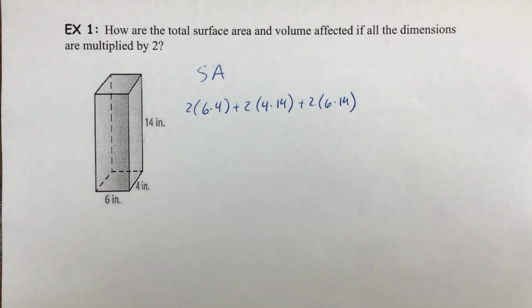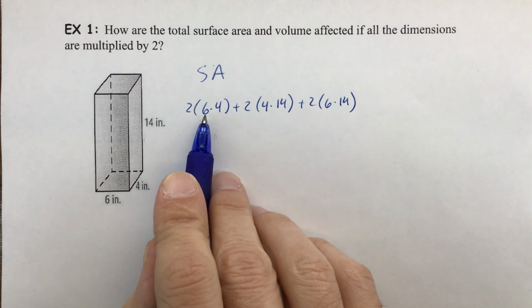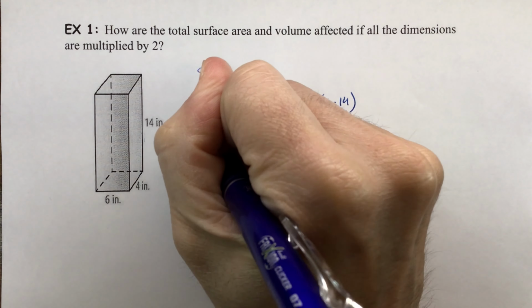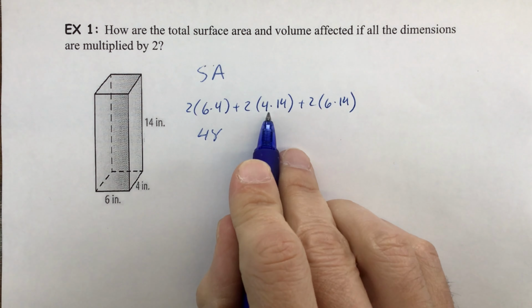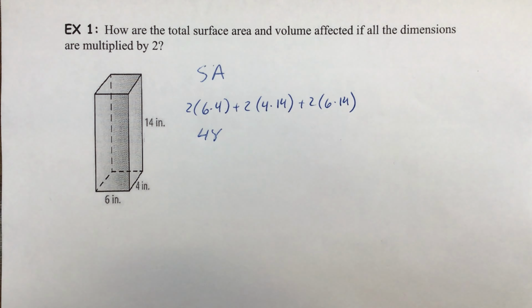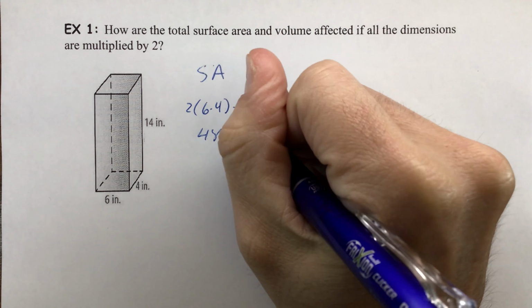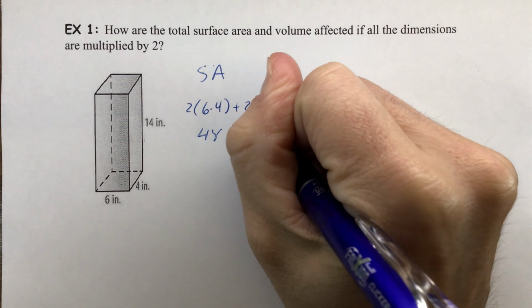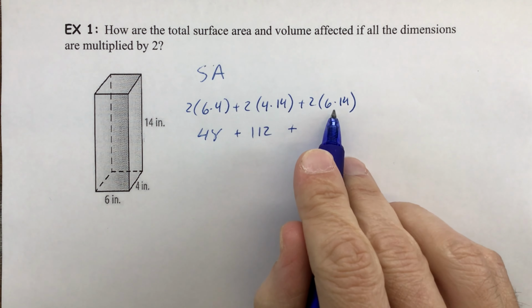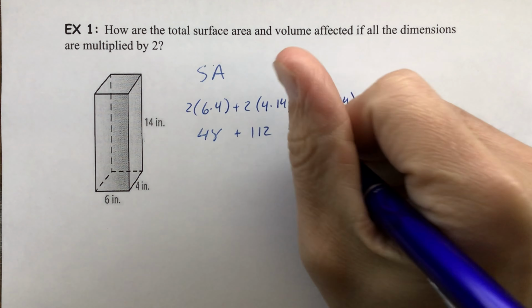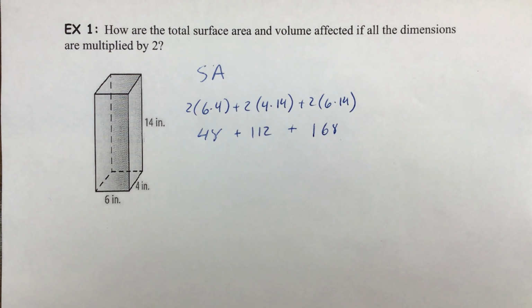And most of this we can probably do as mental math. This is just 24 times 2, which is 48. 4 times 14 is going to give you 56. 56 times 2 is going to be 112. 6 times 14 times 2 will give you 168.